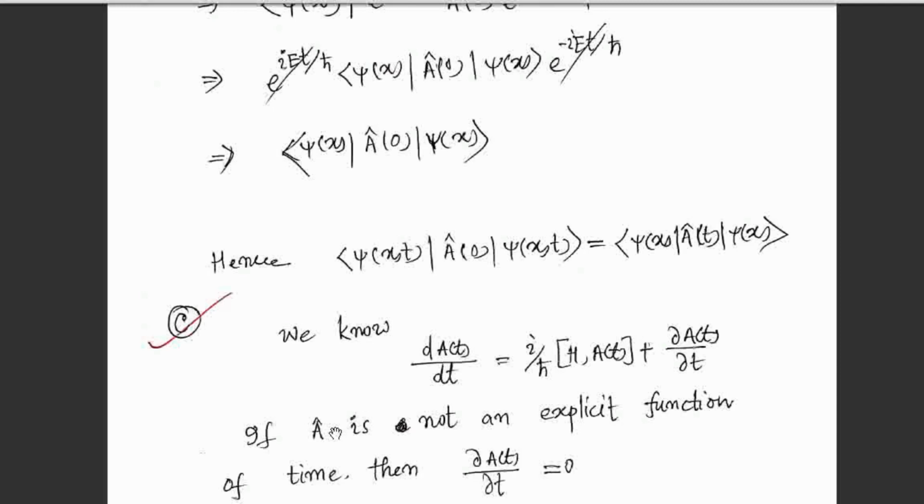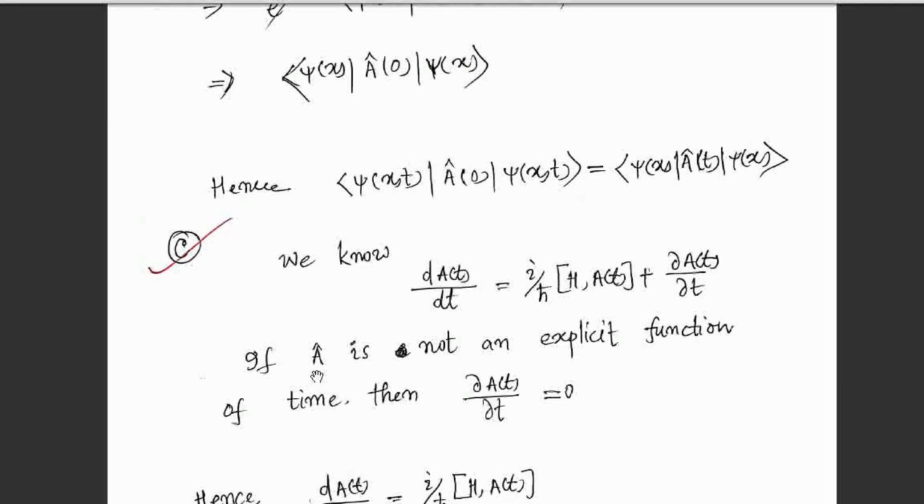But there is a condition here. What is that condition? If that operator is not an explicit function of time, that means in the form of this operator there is no time term present, then we can say that this operator is not an explicit function of time. No time term is explicitly visible in that expression.